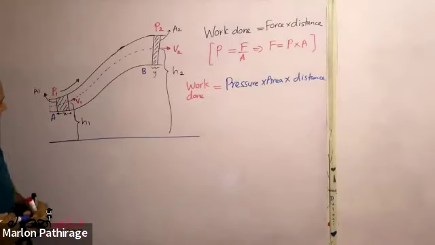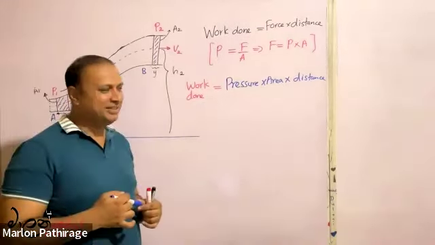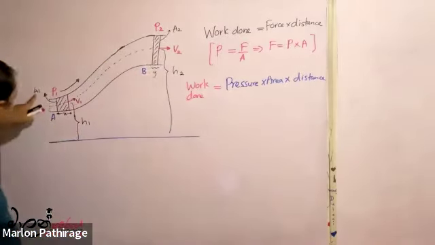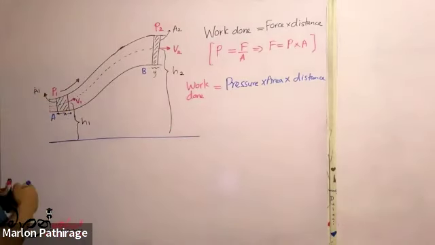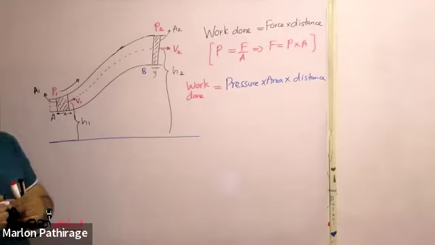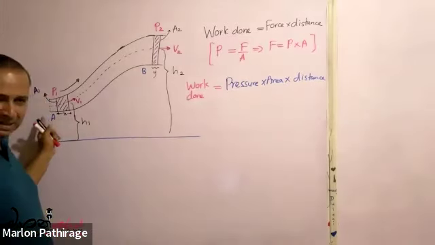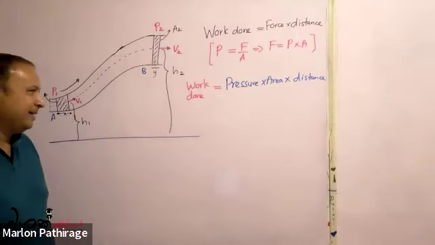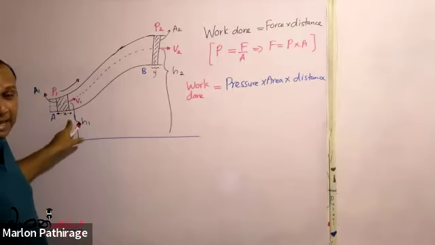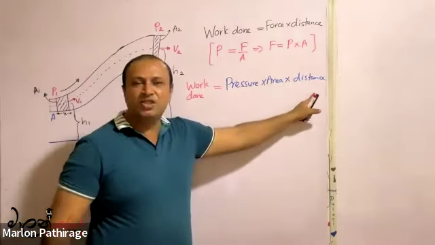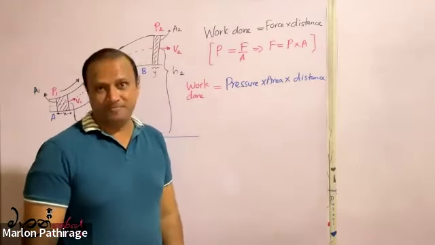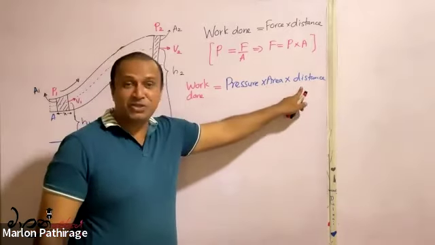Look at this one. Area into distance. Area means this A1 area, and distance means this distance.